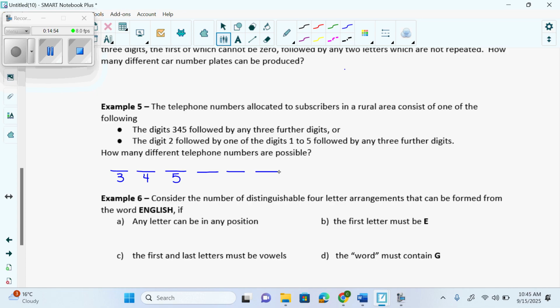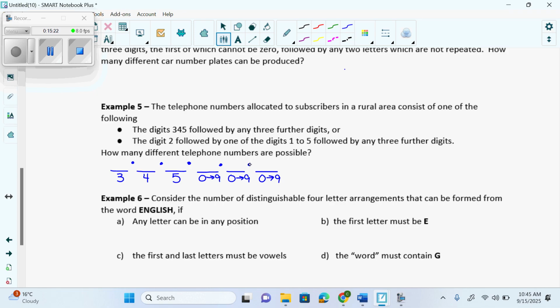When there's no restrictions on a number, it's 0 to 9 because it can be single-digit numbers, right? I can only put a single digit in that blank, correct? Does it say I can't repeat or anything on those? No. So they can be 0 to 9. I need this number and this one and this one and this one and this one and this one to make a number.